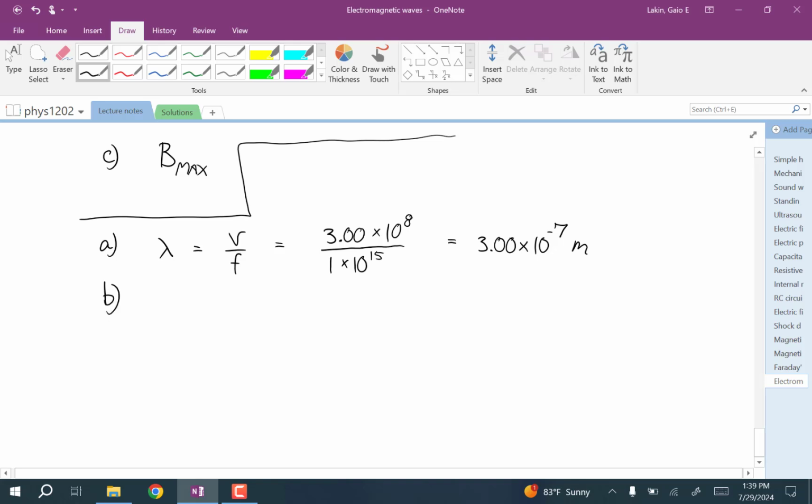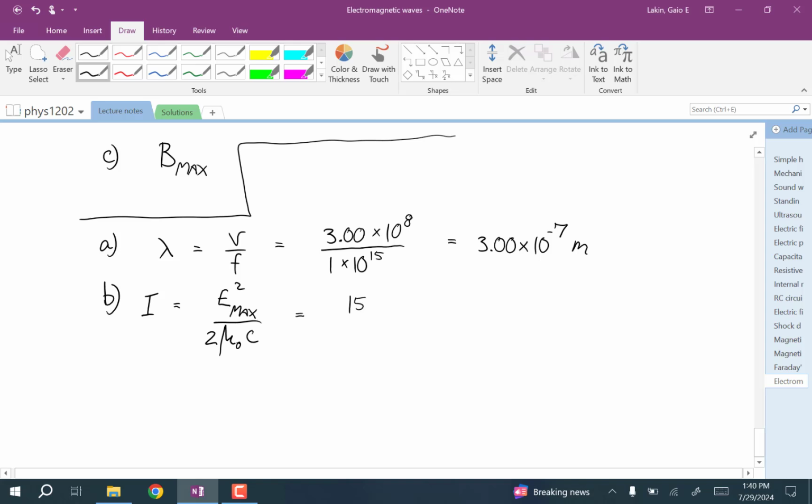Now we want to calculate the intensity. We have a few equations for the intensity. So the intensity, we could do it as power divided by area, or if we could calculate the average value of the Poynting vector, we could use that. But the one that's most useful to us, just going down that list, is E max squared divided by 2 times mu sub 0 times the speed of light.